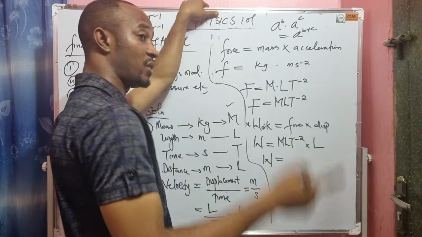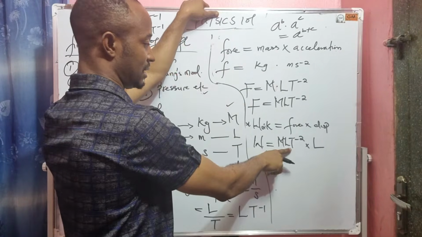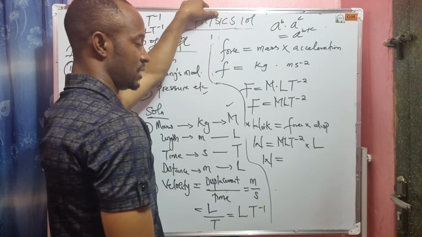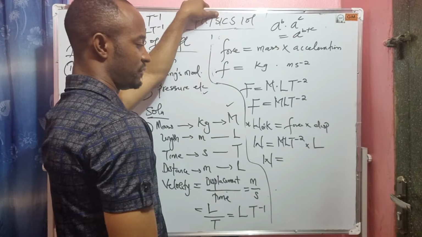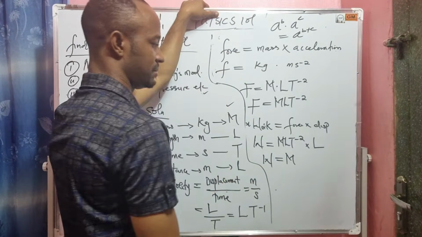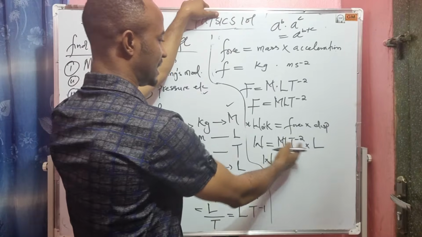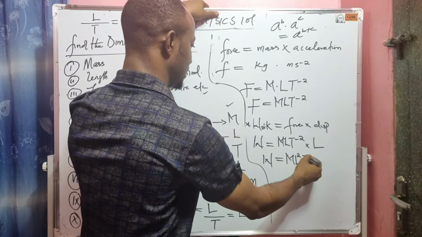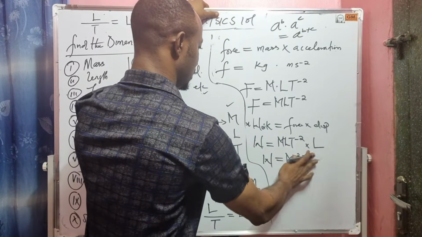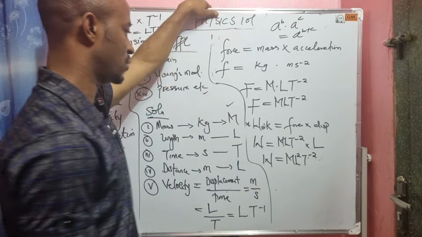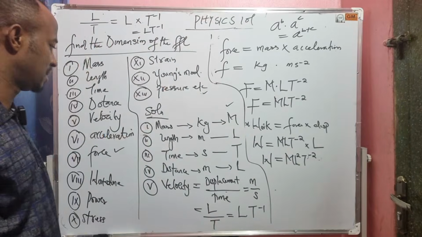So I pick one letter L and add up the power, using the law of indices. First I bring out M, then L times L will give us L squared, then T raised to power minus 2. So this is the dimension of work, ML squared T minus 2.